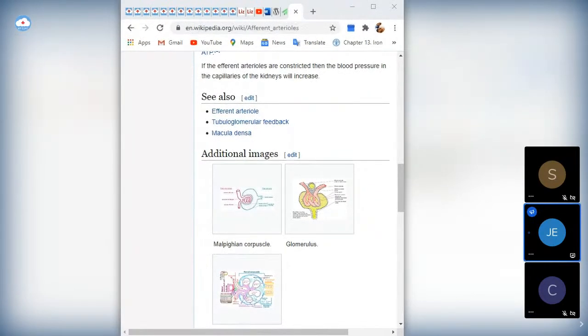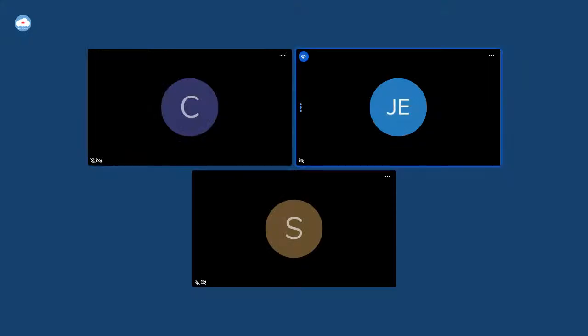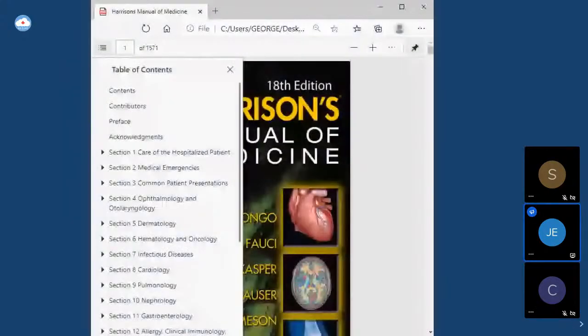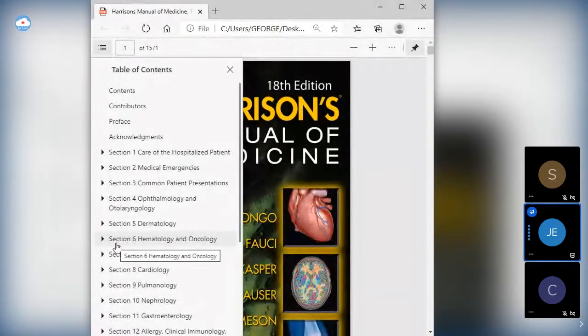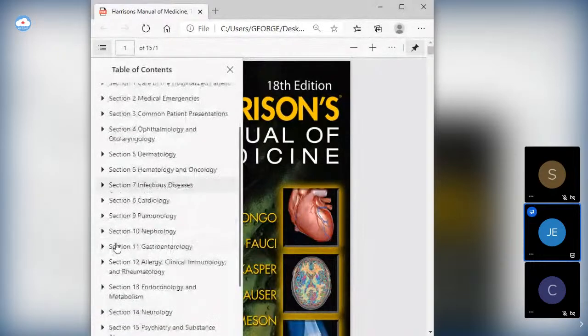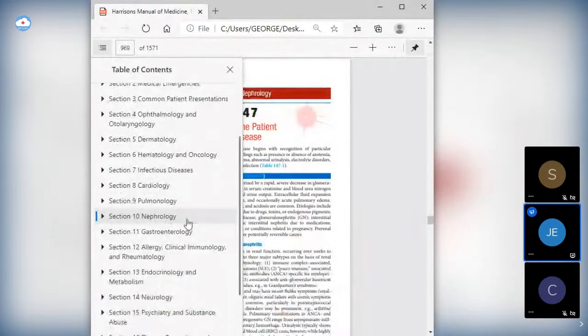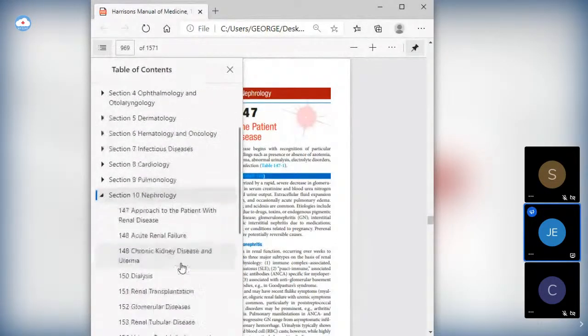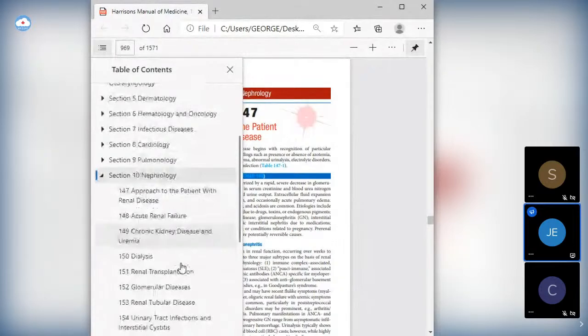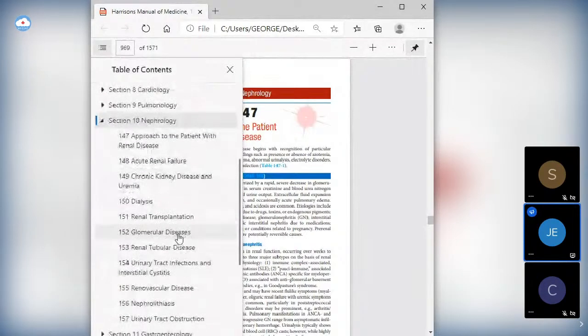I want us to get to the bottom of it. Let me show you my screen. I know you're not seeing what I'm doing now. I want to see nephrology, glomerular diseases.